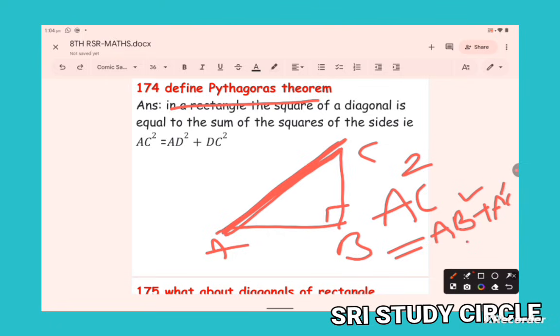So according to the right angle triangle, this is the Pythagoras theorem. Okay, right. Now next question.